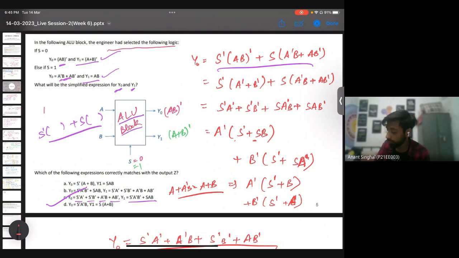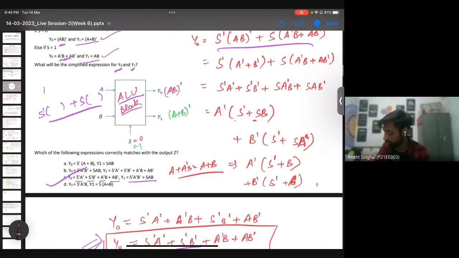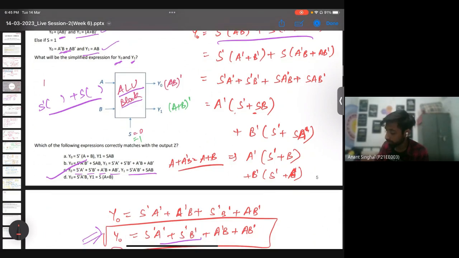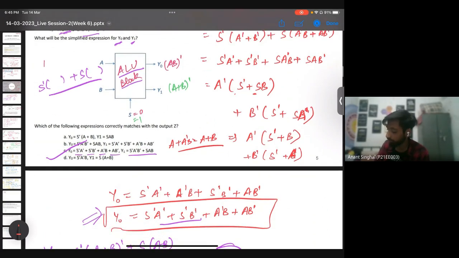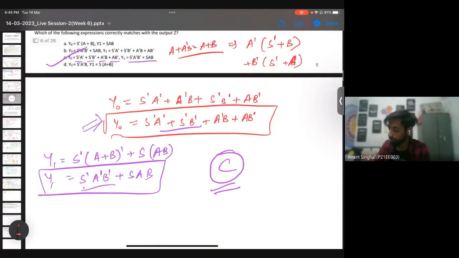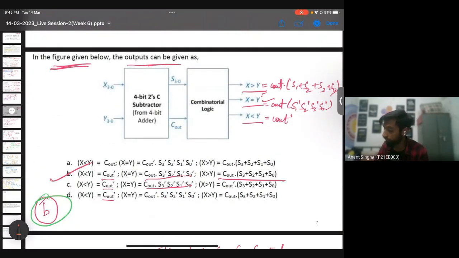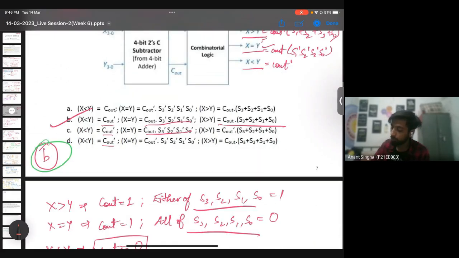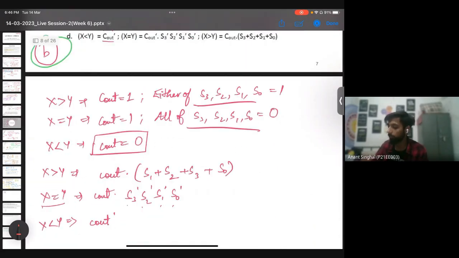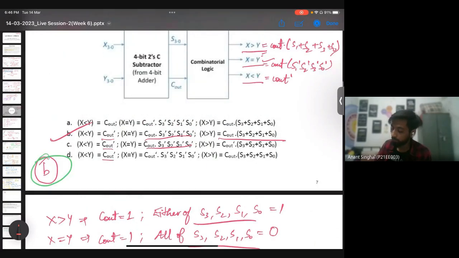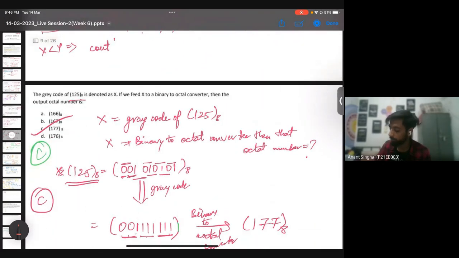We made the expressions of y0 and y1 as asked in the question. Then we covered a combinational logic question, which was a magnitude comparator question. There were a few conditions, we made out the logic, and we got the answer as option B.